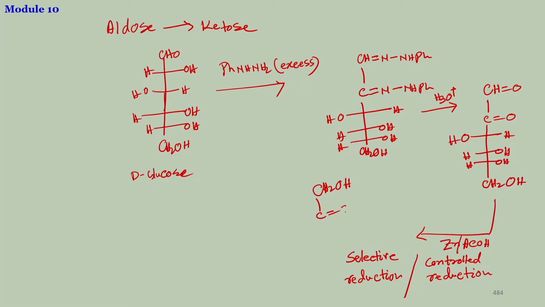It will leave you the ketone and other parts as they are. So, now you have a ketose. So, you can make a conversion from an aldose to a ketose.